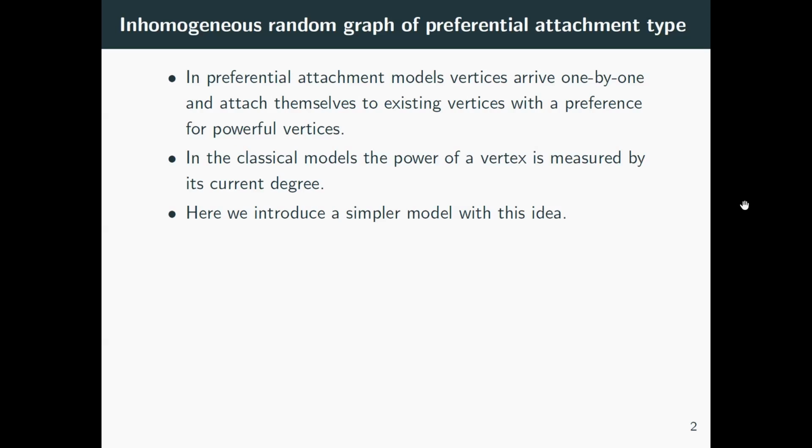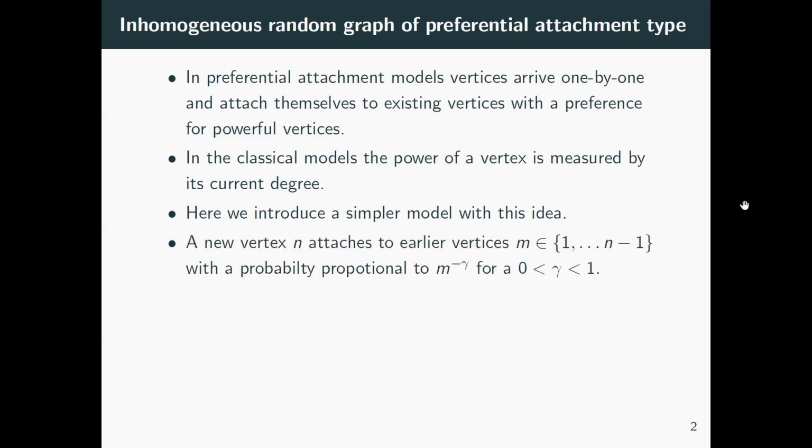And now I will introduce our simpler model of this type. The idea goes as follows. It's still a dynamical model, and when a new vertex n arrives, to all earlier vertices from 1 to n-1, it tries to connect to each of these vertices independently of each other with a probability proportional to m to the power of minus gamma.